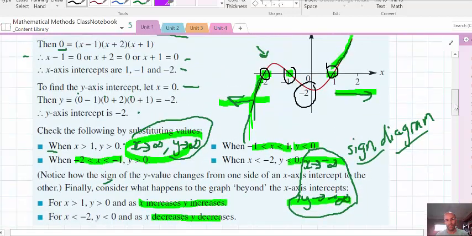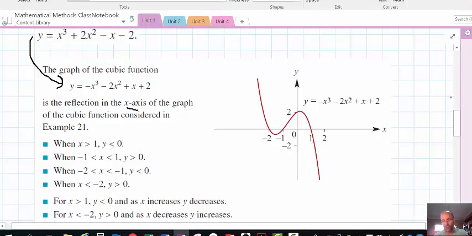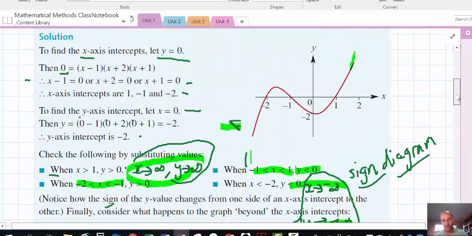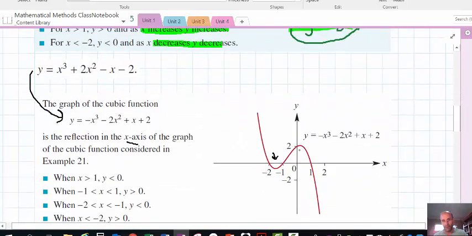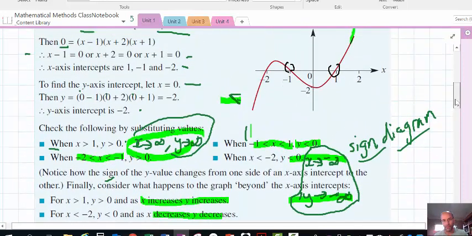So between the zeros, on the mirrored one we have the value here between these two zeros, x equals -2 and 1, we have a negative value for y, but if we look back up here it's positive. And between these zeros here, the value is negative for y and the value is positive for y. Okay, so those things are mirrored.